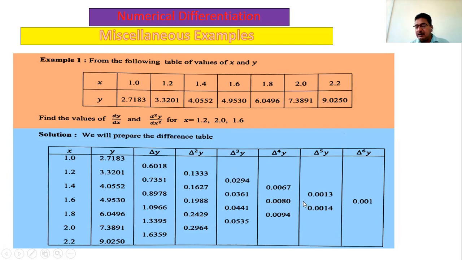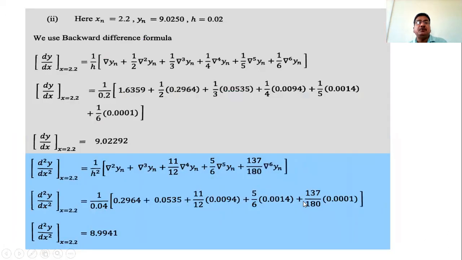So first write the backward difference formula to obtain the first order derivative and second order derivative. What are the formulas? dy by dx at x is equal to xn is 1 by h, del yn plus 1/2 del square yn plus 1 by 3 del cube yn plus 1 by 4 del raised to 4 yn, and so on. So all signs are positive.